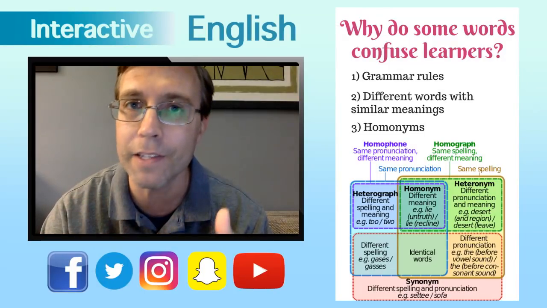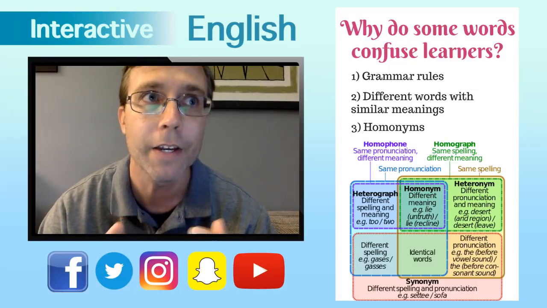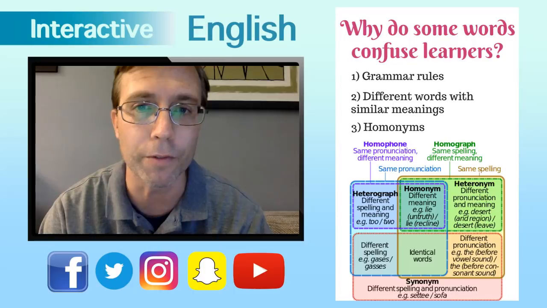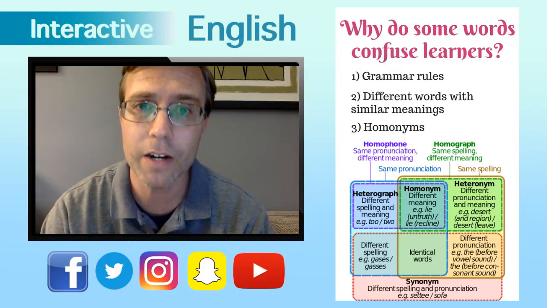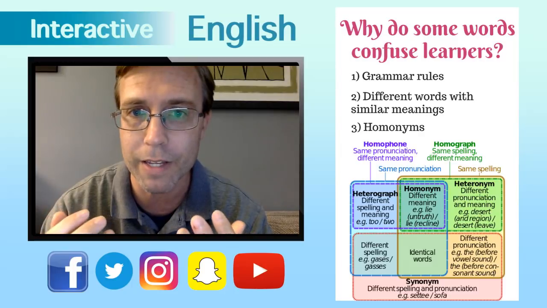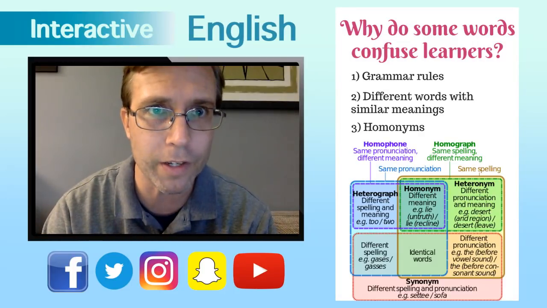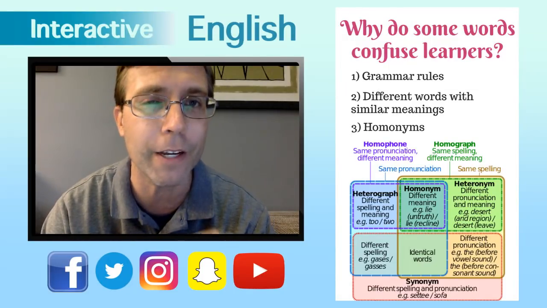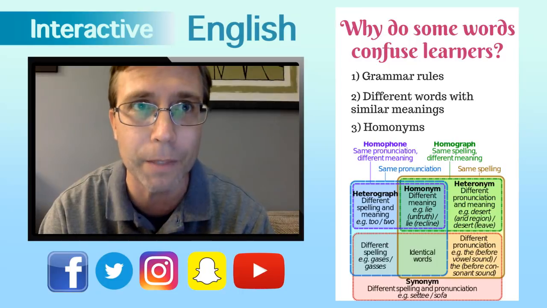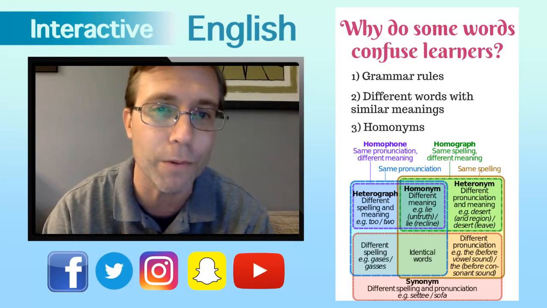And again, this is where you practice. You're always improving, and your fluency will then improve. So it could be grammar rules. The next one that I have is different words with similar meaning. So you might have 2 different words that have different meanings, but the meanings are very close to each other. They're very similar, and because they're so similar, people might tend to confuse them.